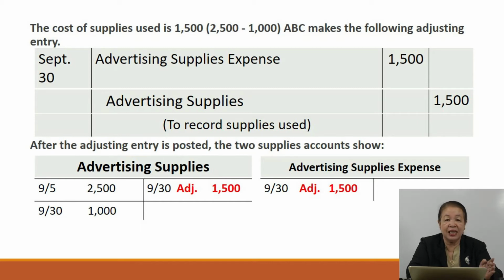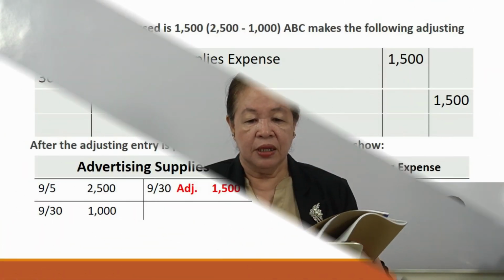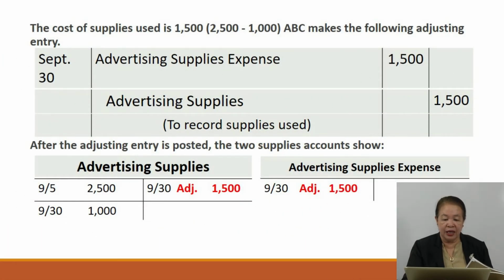So, pagdating sa ledger natin, papakita ko to lahat sa inyo. May naka-prepare na ako dito noon na ledger at saka yung journal para sa adjusting entries natin. Mapupunta siya ngayon sa advertising supplies sa ledger at saka advertising supplies expense sa ledger, no?